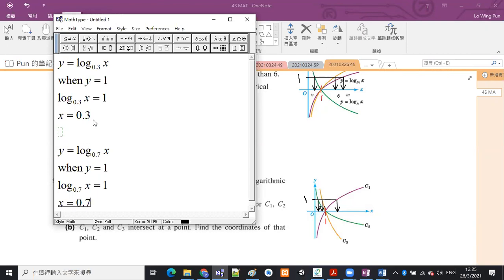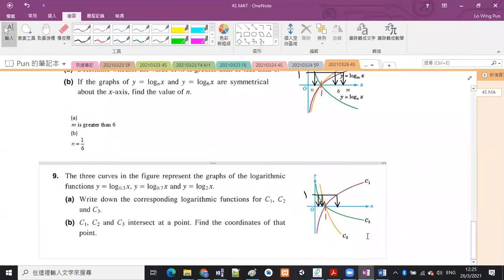If I need to put these two numbers back to these two positions, then 0.3 should be the one on the left. So that is this point.